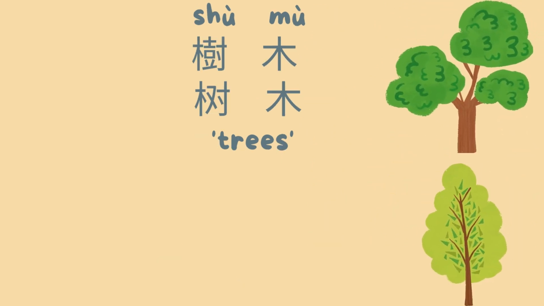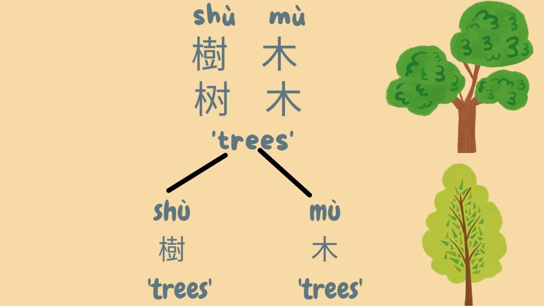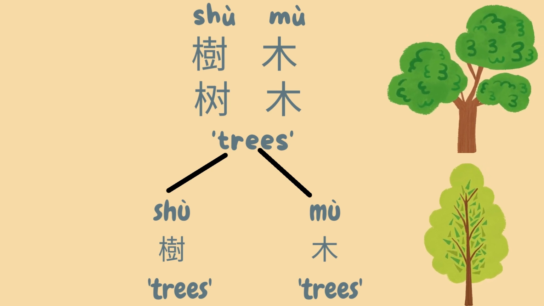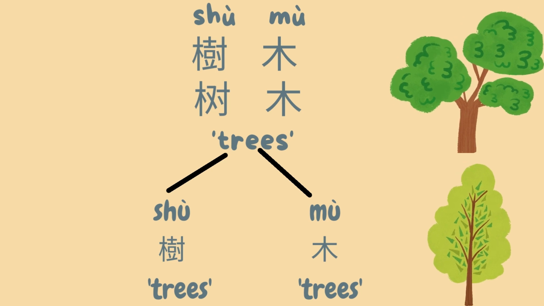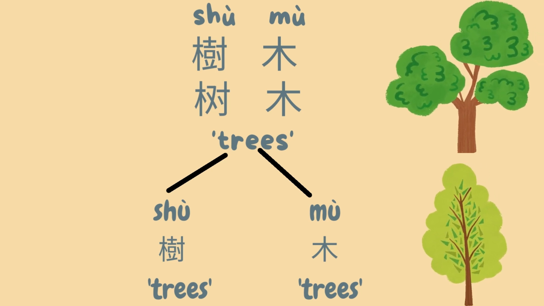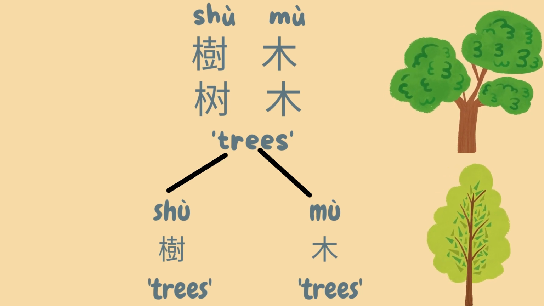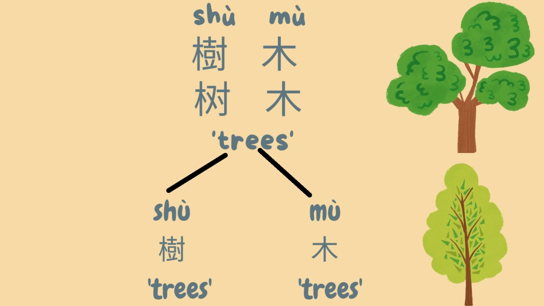Next one, 树木, trees. 树 is one of the characters that make up the phrase 树木. 树, on the other hand, can be a single character word that means tree on its own. The other character 木 can mean either tree or wood.